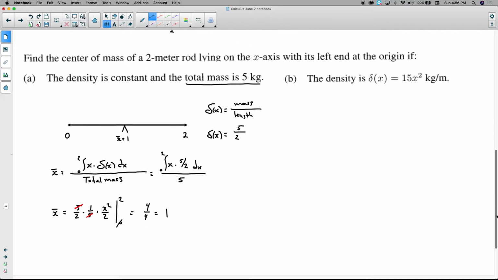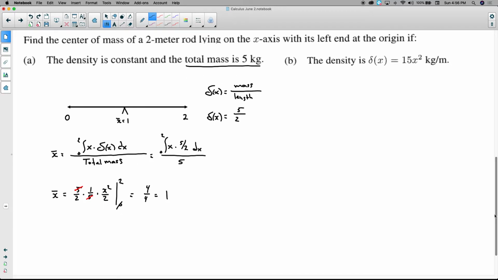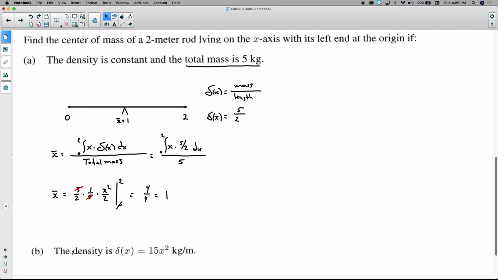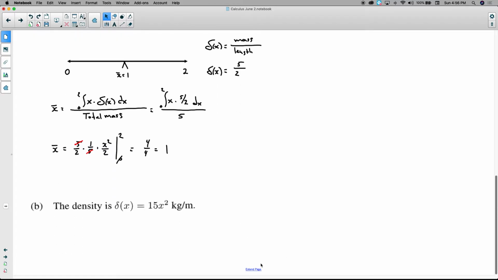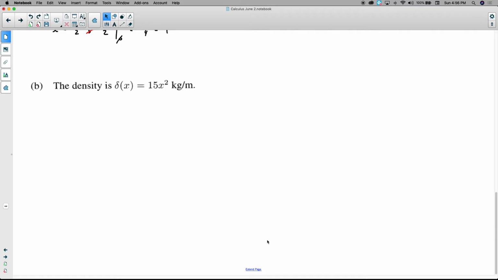All right, so let's go on to B. I think it's probably a better idea to just give us some room. Okay, so now we've got a density function, so I'll start with that drawing again, going from 0 to 2.